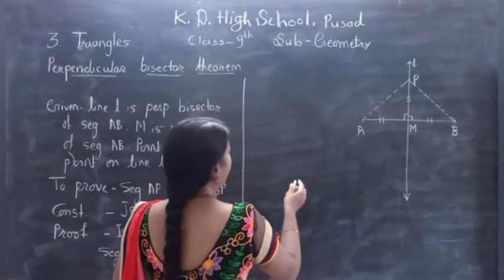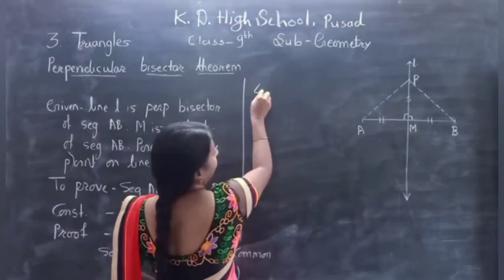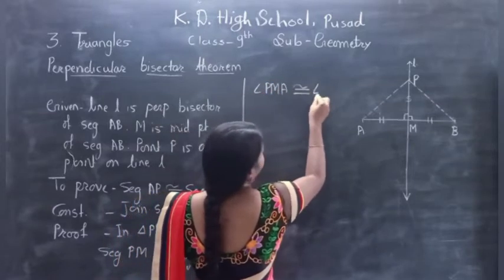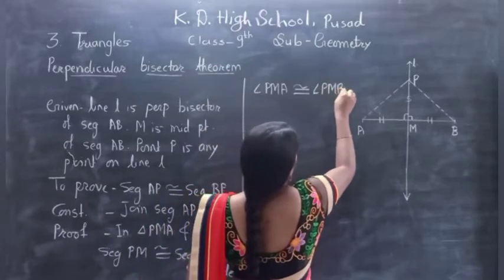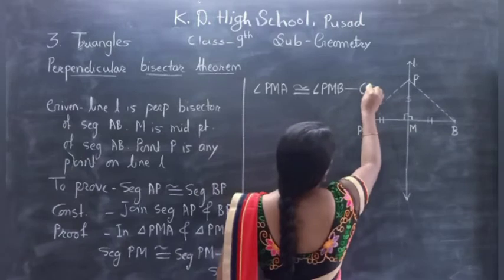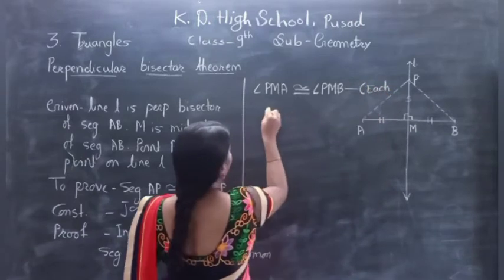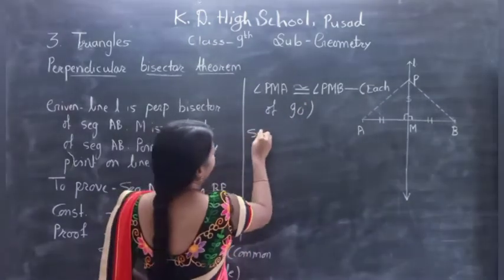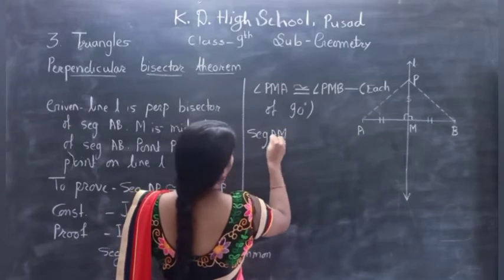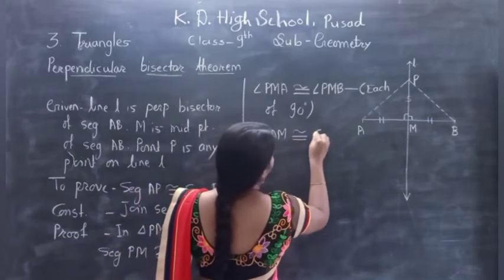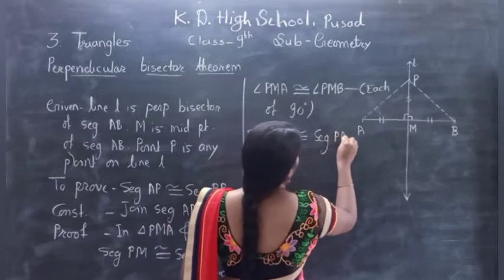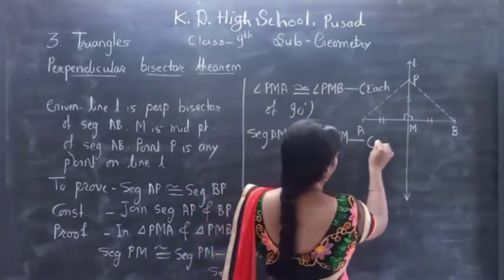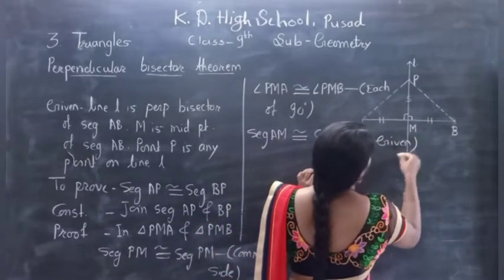Now next, angle PMA is congruent to angle PMB, and reason, each of 90 degrees. And segment AM is congruent to segment BM. What is the reason? Yes, given that M is the midpoint.